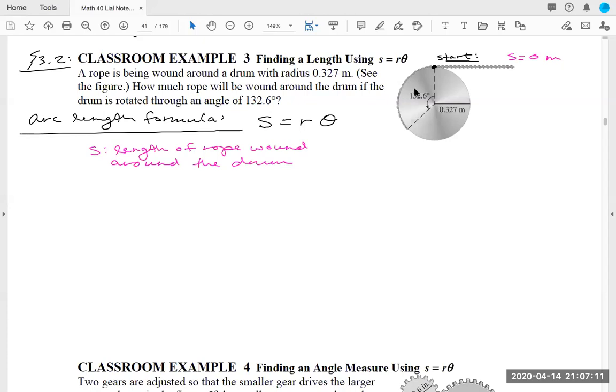When we stop, so we're traveling this way, when we stop here, then our arc length, the length of the rope around the drum, we actually don't know it yet. So we're looking to find here on the diagram this piece right here.